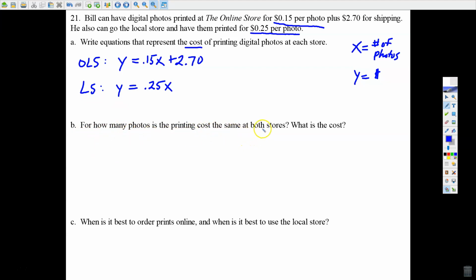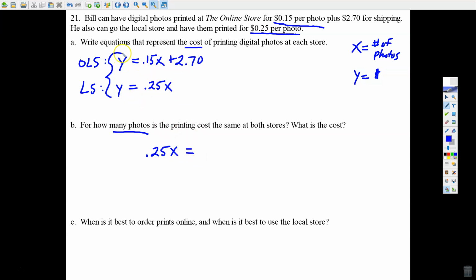Well, that's just another way of saying, take this system, this is called a system, and solve for x. It wants to know how many photos would make these the same. So what we're going to do, and you can do this either way, is take the local store, which is 0.25x, and let it equal the other equation.